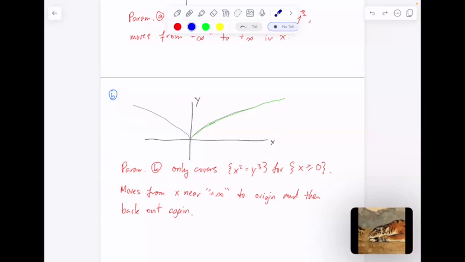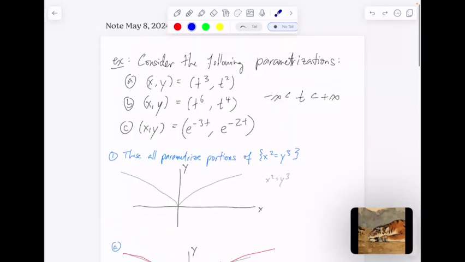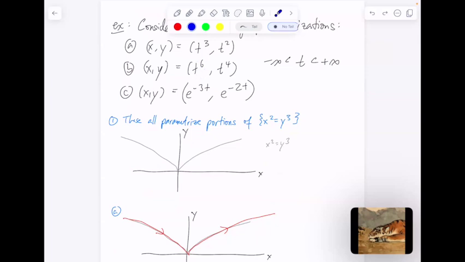Okay, Mitsuka says, why do you go back to the origin and back out again? So remember, for all 3 of these parameterizations, my domain in time, so think of this as a stopwatch, right? The history of a particle goes from minus infinity to plus infinity, exists for all time. Back in time at minus infinity, this is very positive. This is still positive, near positive infinity, so I'm out here somewhere.